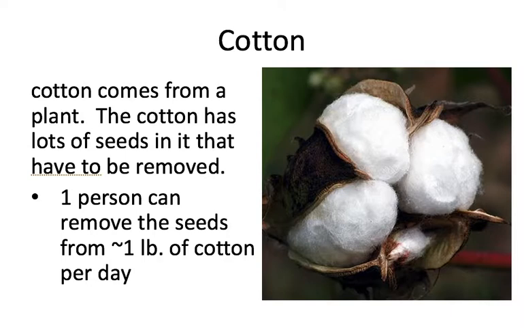And when people were first doing this, before automation, one person could probably remove the seeds to about 1 pound of cotton per day. So that's working all day, could at the end have 1 pound of cotton without seeds. This was obviously very, very labor intensive. It required a lot of labor or people, a lot of work. So it wasn't very profitable to harvest cotton.